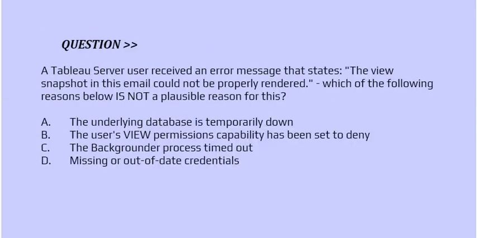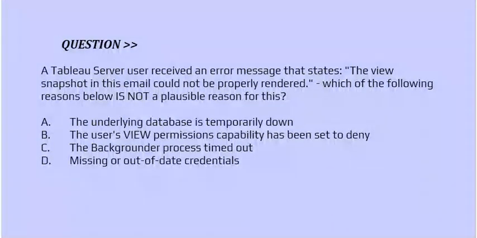Next question is, a Tableau server user received an error message that states the view snapshot in this email could not be properly rendered. Which of the following reasons below is not a plausible reason for this? Option A. The underlying database is temporarily down.